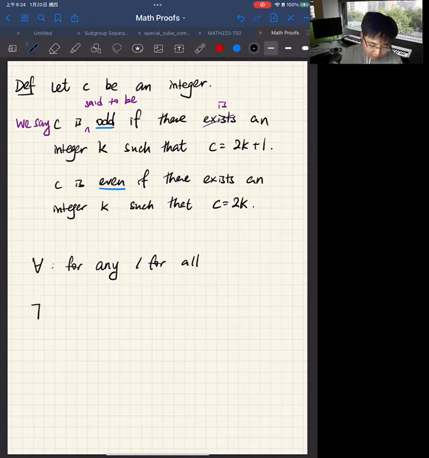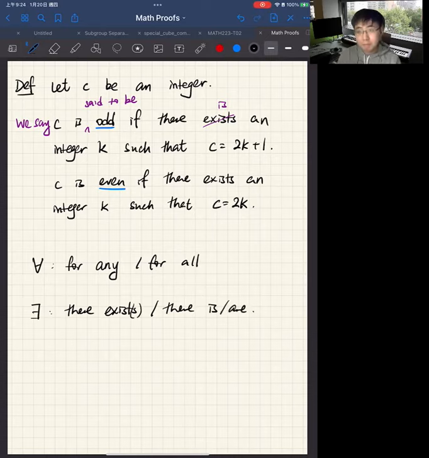This is "there exists" or "there is" or "there are". It means for some elements that it's true, not necessarily for all. Then you have "such that". There are other notations, but these are the most common ones.